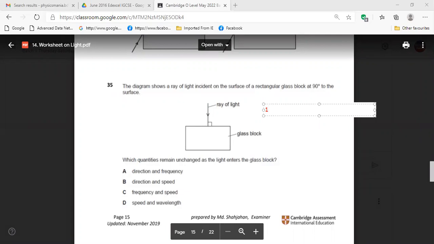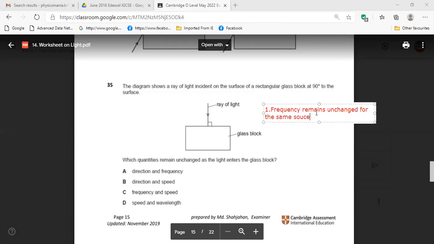So the first rule is: frequency remains unchanged for the same source.